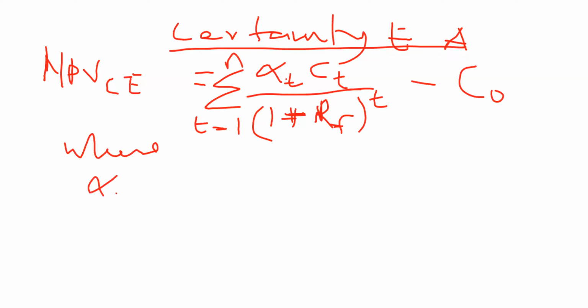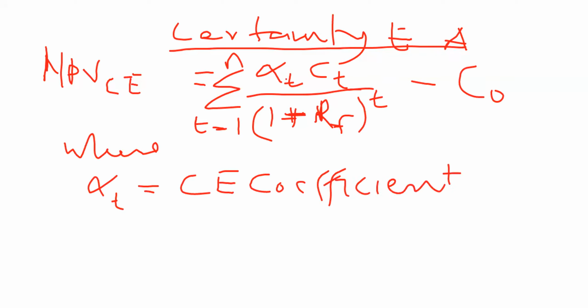Where alpha T is the certainty equivalent coefficient. RF, we know that before, is the risk-free rate.